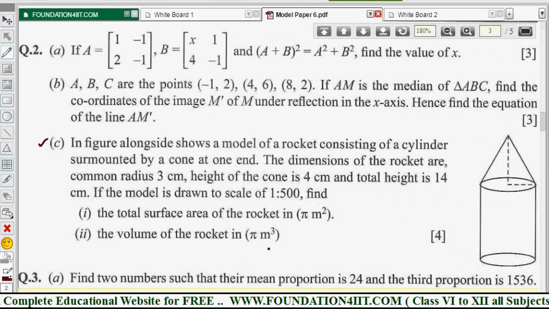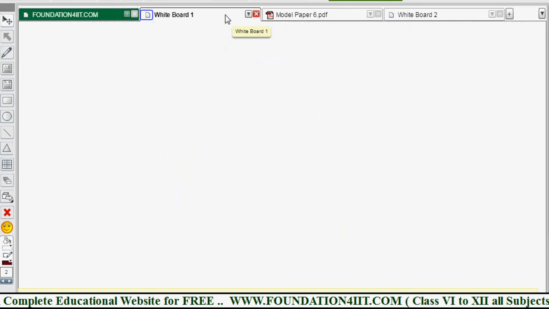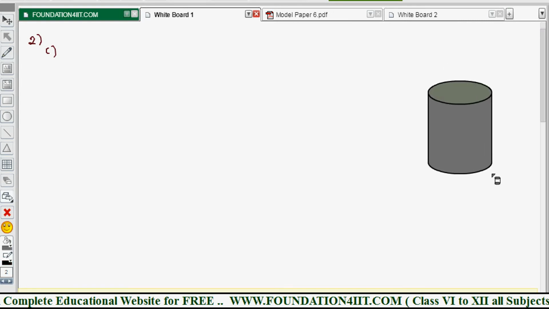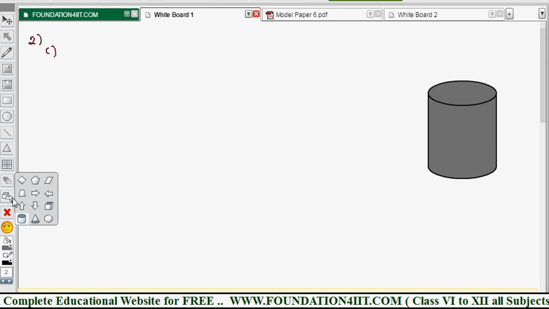Okay, this is the model. Originally we should find it in meters. First let us take the given data. The cone is surmounted on the cylindrical shape, the cylindrical shape first, and on this the cone is surmounted.